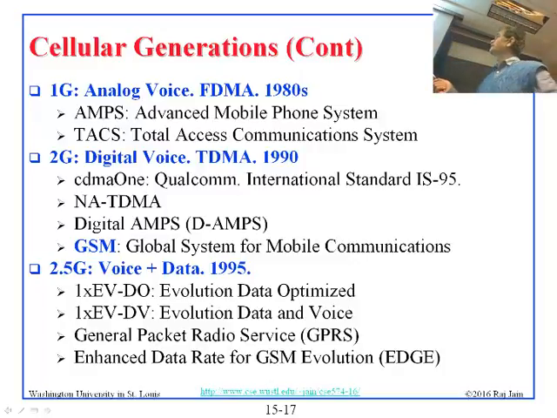So anyway, 10 years. So 1980s was FDMA. 1990s was 2G, digital voice, CDMA, and then there was some CDMA and other things, and GSM. And then 2.5G, because they couldn't wait for 10 years. So in 1995, they updated that, and some of these we'll explain a little bit later on.